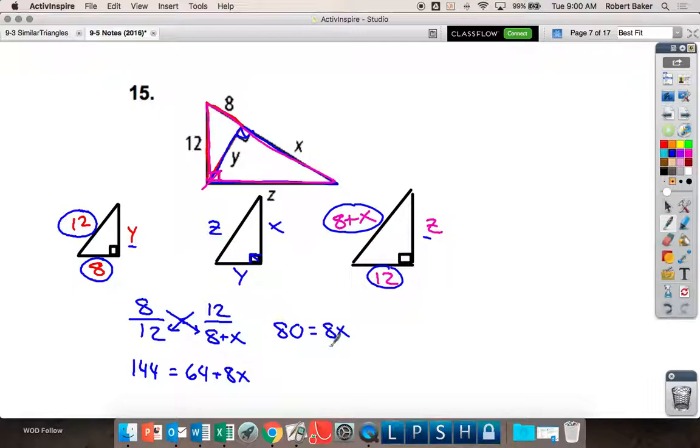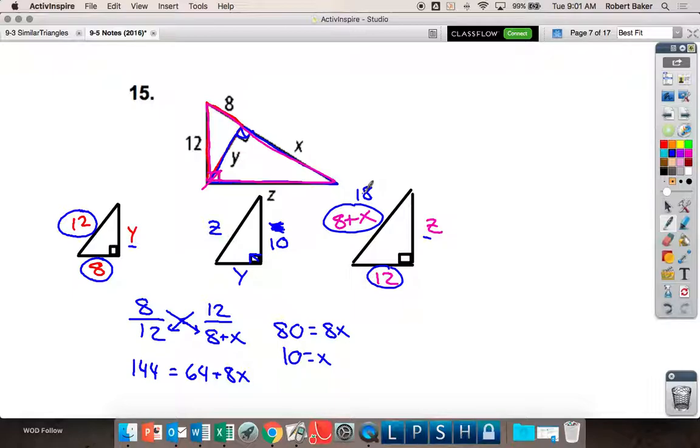X equals 10, because you divide both sides by 8. Did we round that number? No, it's a solid, undisputable x equals 10. So now I can use it. By x, I'm going to make you 10 now. By 8 plus x, I'm going to make you 18 now. Does that make the problem a little easier to solve? Now I have a legit number there.